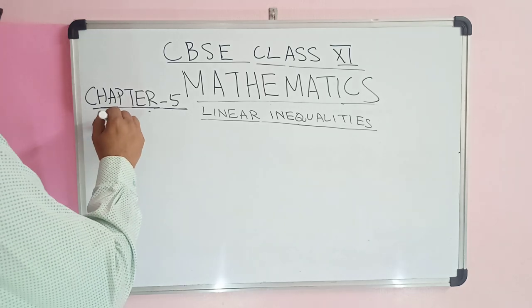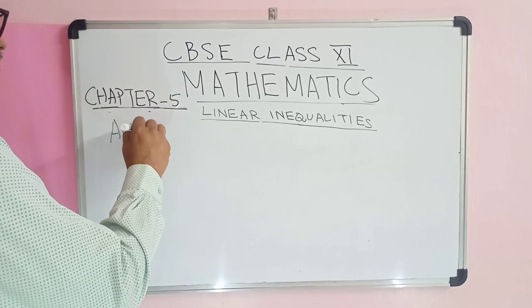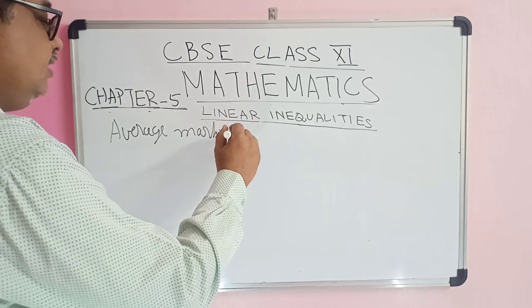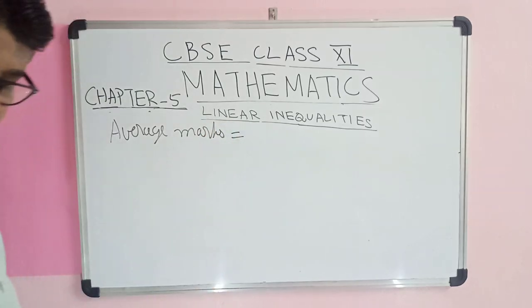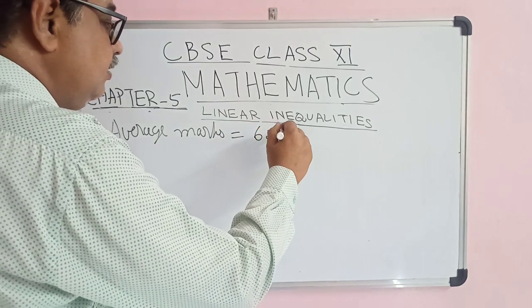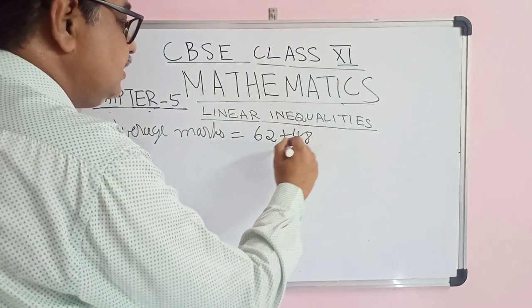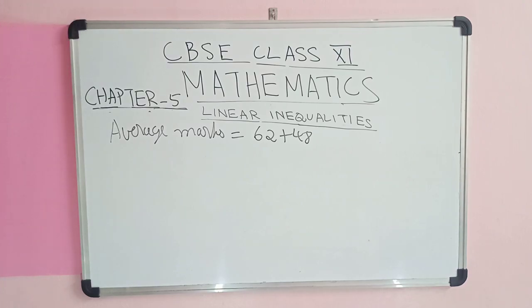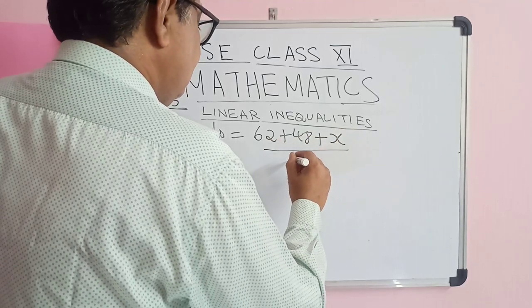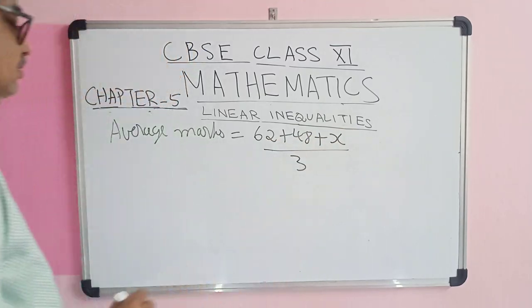So average marks equal 62 plus 48 plus x, divided by 3.